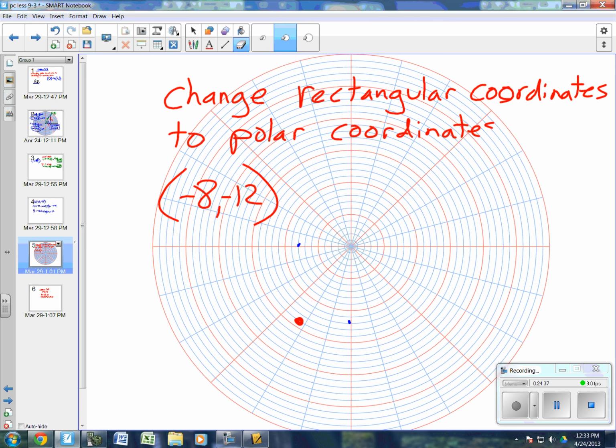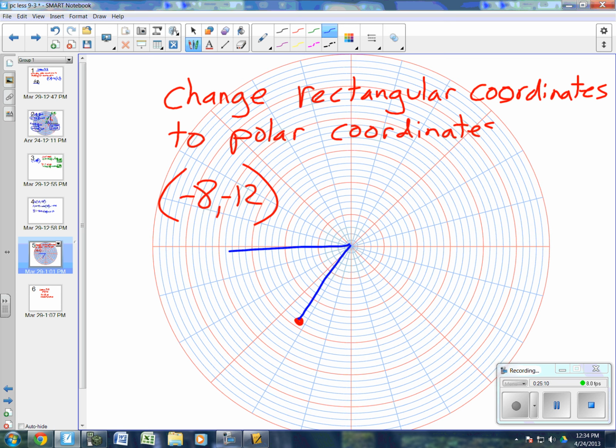I don't think so. I think this is the first one right here. No, because if you count out this way, the same number of spaces. Okay, so now I have this point, and I'm going to draw a line back to the pole.